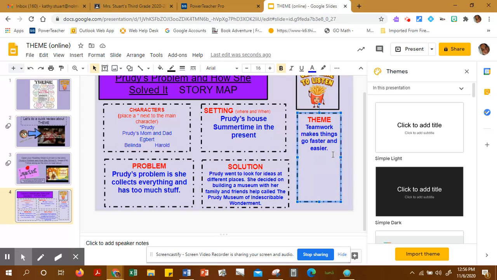So let's go ahead and let's think about how we could incorporate a sentence, because organized or organization, that's one word, so that does not work as a theme. How can we turn that into a sentence that would be good for everybody? Okay, so organization helps you, what could we say?